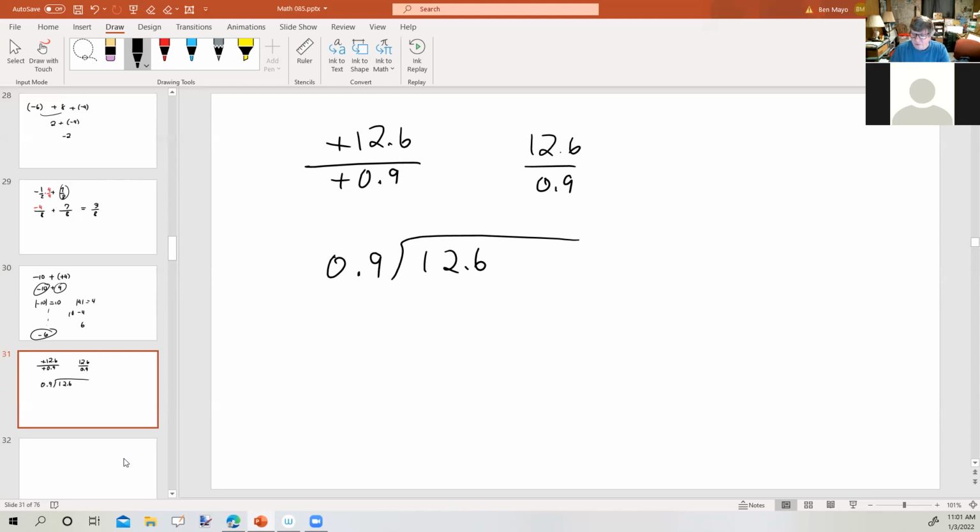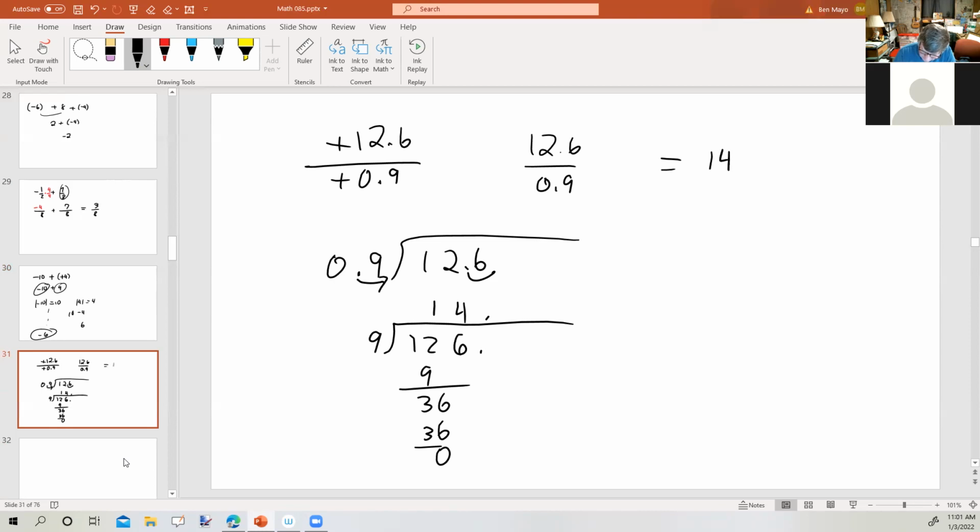But recall what you do. You want to have a whole number outside, so we move the decimal point one place to the right outside, consequently one place to the right inside. And then we move the decimal point straight up into the answer. 9 goes into 12 once. 9 goes into 36 4 times. So the answer is 14.